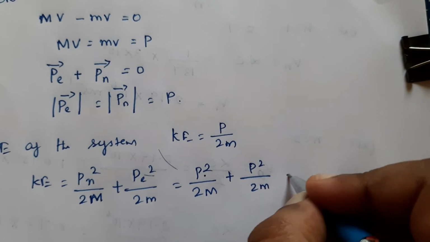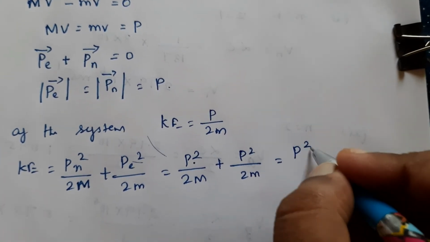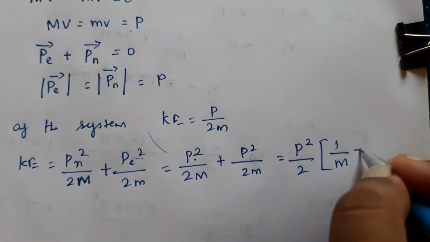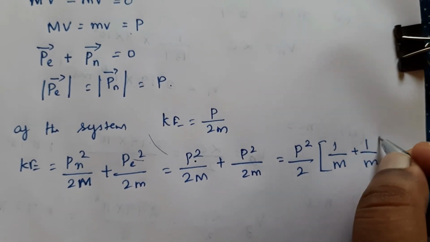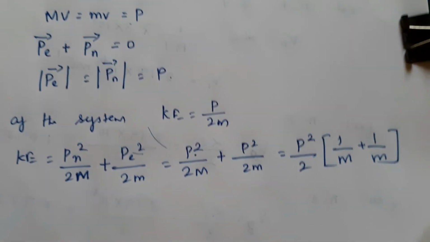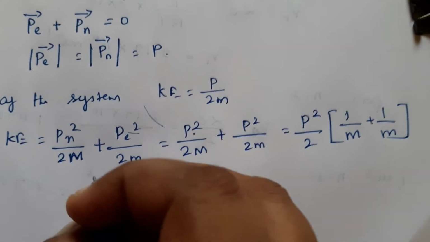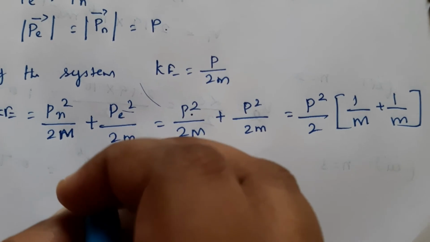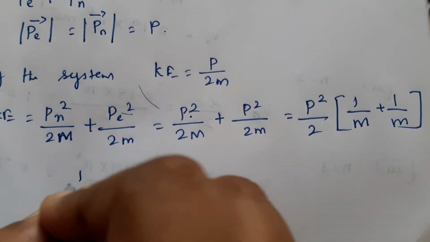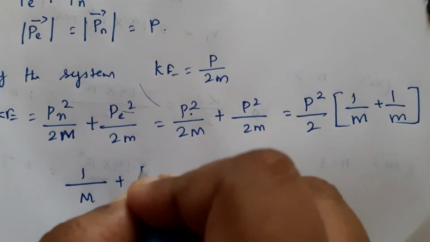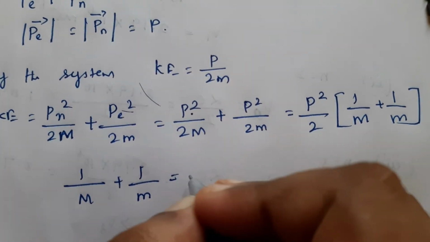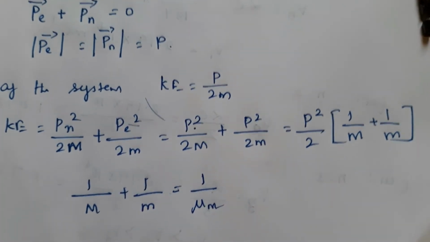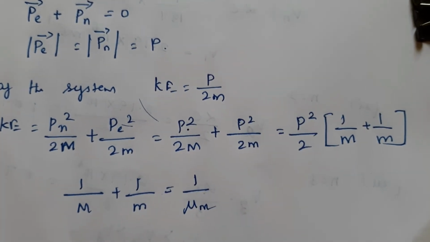You can write it, which can be taken as p square by 2. I can take it out, so this is 1 by M plus 1 by small m. Now this 1 by capital M plus 1 by small m, we are going to take as 1 by mu m, where mu m is the reduced mass.